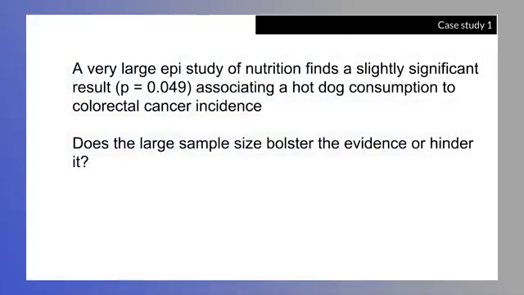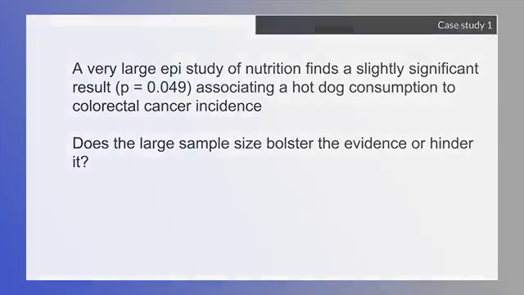A very large epidemiological study of nutrition finds a slightly significant result, a p-value of 0.049, right under the typical standard of evidence in this area, associating hot dog consumption to colorectal cancer incidence. The question I would ask is, does the larger sample size bolster the evidence or hinder it?